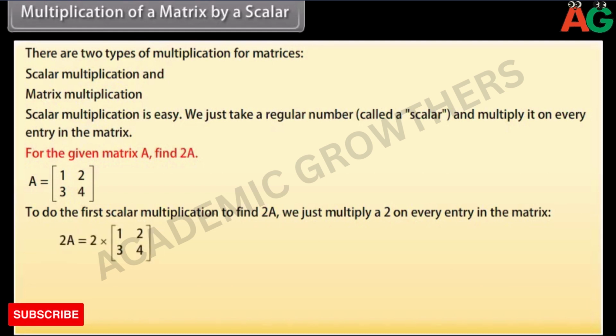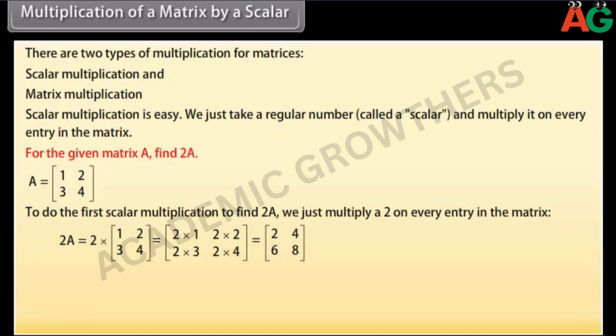2A is equal to 2 into the matrix row-wise, first row 1, 2, second row 3, 4, which is equal to the matrix with first row 2 into 1, 2 into 2, second row 2 into 3, 2 into 4, which is equal to the matrix with first row 2, 4, second row 6, 8.